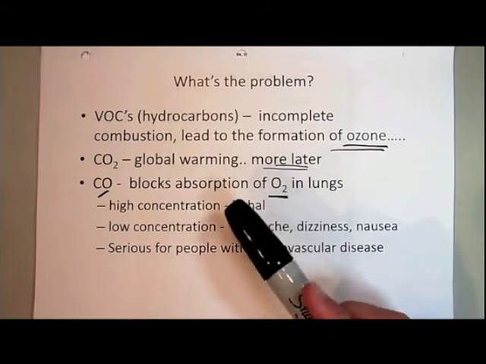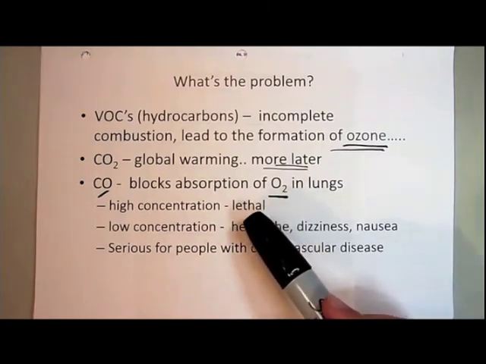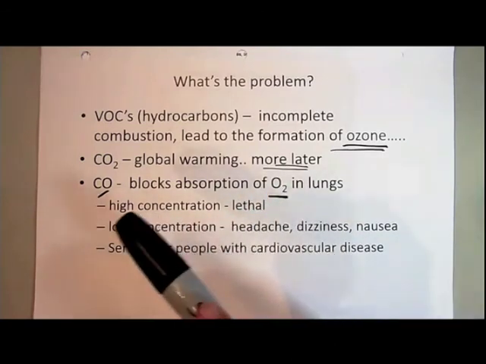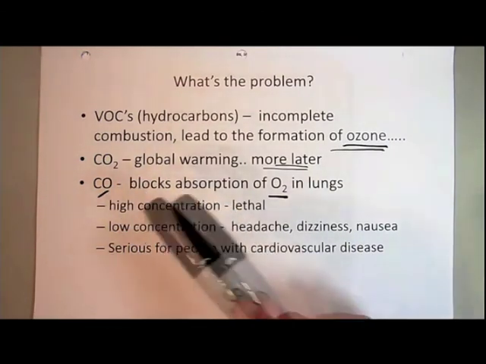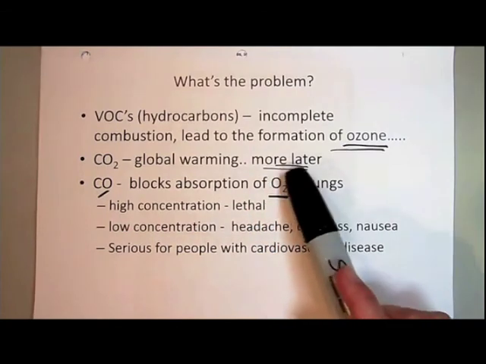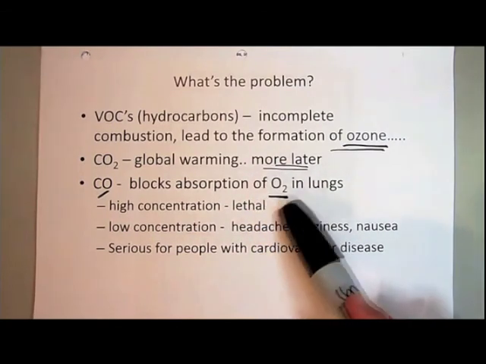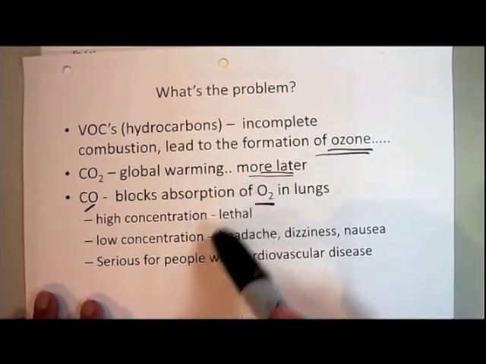In air it's only about 20% oxygen, but if you breathe in 100% oxygen, it's enough to knock the carbon monoxide off. And so you can be treated for carbon monoxide sickness or poisoning, but you have to get yourself some 100% oxygen from an oxygen tank. Okay, so you can be treated, but you've got to catch it in time.